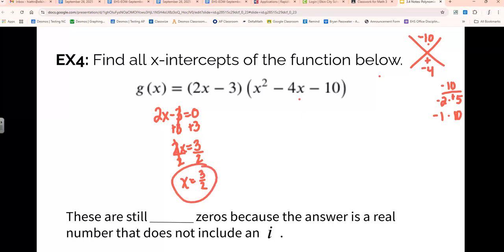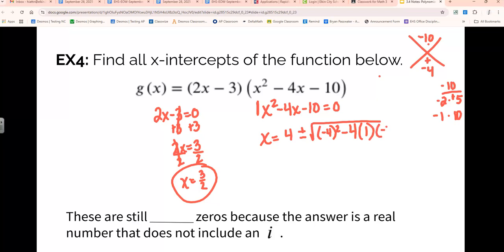And then over here, I would have to use quadratic formula because I'm going to have x squared minus 4x minus 10 equals 0. So I would say x equals the opposite of b. Since that's a negative 4, I'm going to make it a positive 4. Plus or minus square root b squared, so negative 4 squared, minus 4ac, so 4 times my a right here is 1.